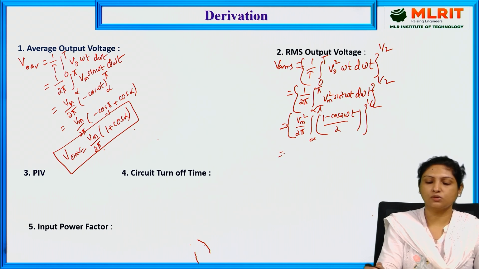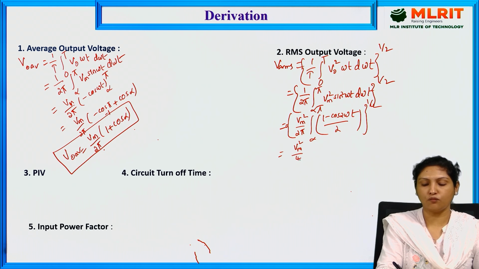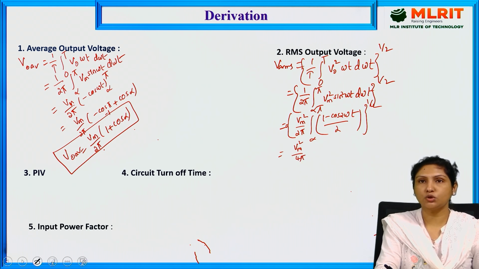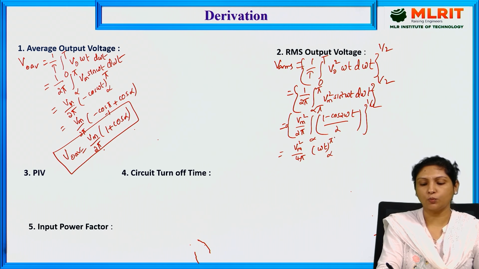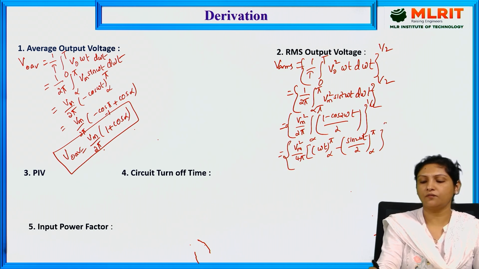And if you resolve this, let me take this 2 denominator outside. In that case, we get Vm square by 4 pi, and integration of 1 is omega t. It is conducting from alpha to pi, minus integration of cos 2 omega t, which is sine 2 omega t by 2, within the limits alpha to pi, whole to the power of 1 by 2.